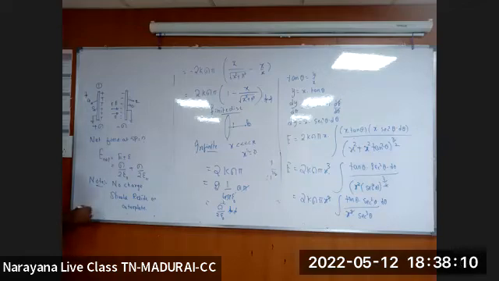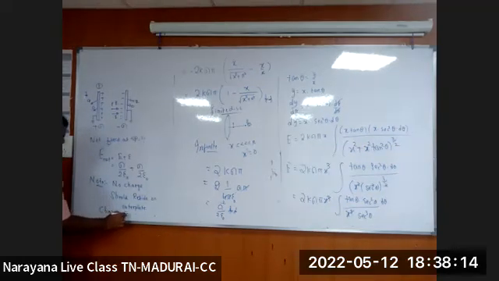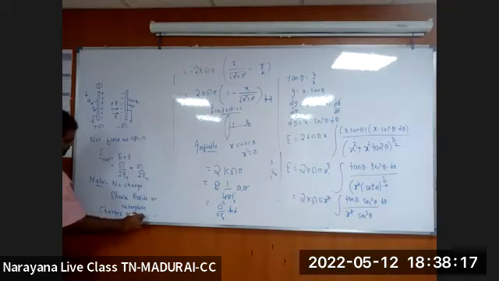So write that. If it is not grounded, charges on the outer faces must be equal.